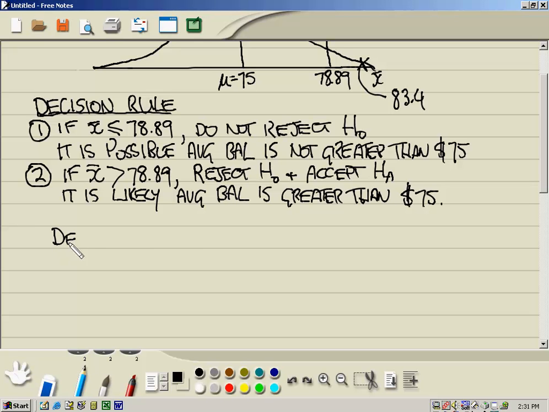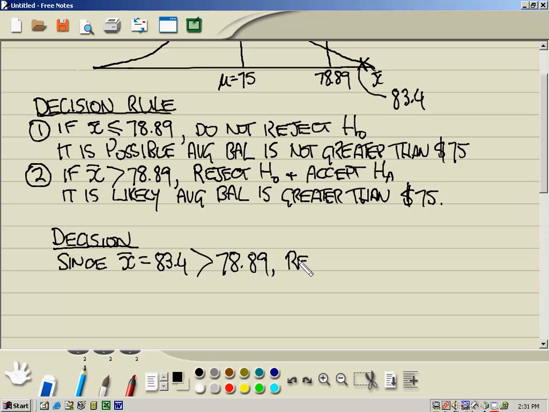So, decision: since x bar is 83.4 in this situation, which is greater than 78.89, we're beyond the realm of normal sampling error, so we'll reject the null.